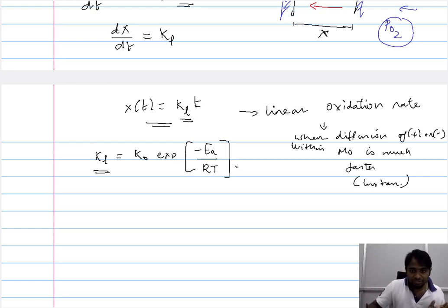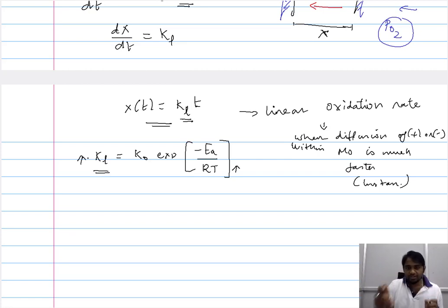As the temperature increases, the proportionality constant also increases. So even in the linear oxidation rate, the temperature influences in two different manners. One is by enhancing the diffusivity of oxygen in the environment, thereby ensuring a constant supply of oxygen for the oxidation to form. Secondly, the temperature influences the rate constant.